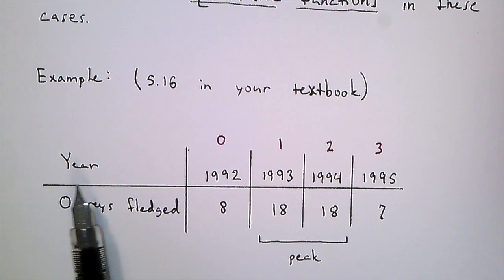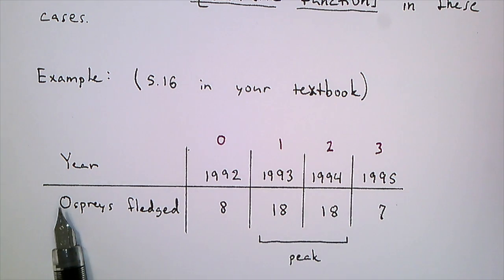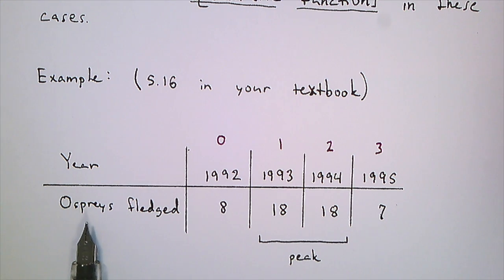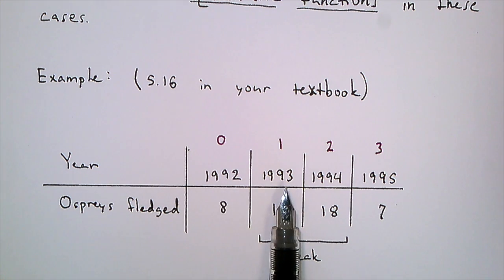What we're looking at in our data is a year, and then the number of ospreys fledged by a conservation group in that year. In 1992, there were 8 ospreys fledged. An osprey is a bird of prey, if you're not familiar with them. So the conservation group raised and released 8 ospreys in 1992, and then in 1993, that number went up to 18.